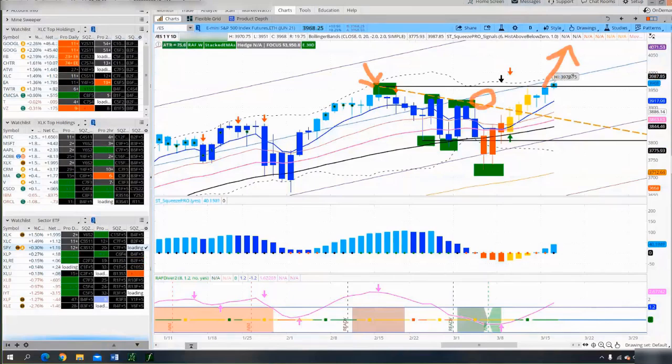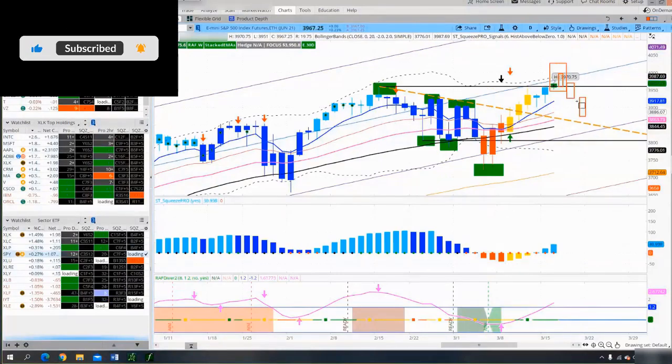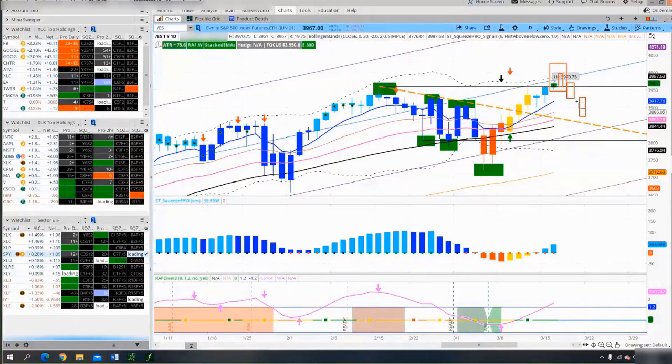Could break out 2 to 3 days, pull back. If it breaks out, we expect a couple more days of positive momentum, and then we pull back into a bull flag. Now, we have a better chance if we're trading at least coincident stocks or leading stocks in leading sectors.